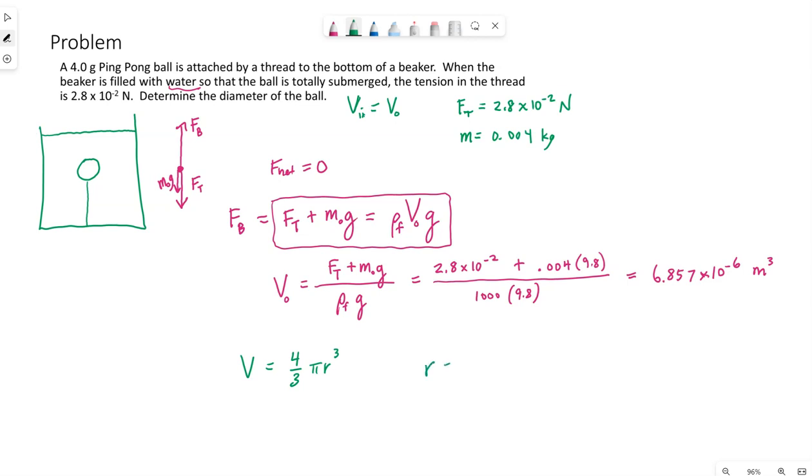So we will be able to solve for r. I'm taking this to the 1/3 power, since I haven't taken the time to figure out my cubed root button. So 3V over 4 pi to the 1/3 power.